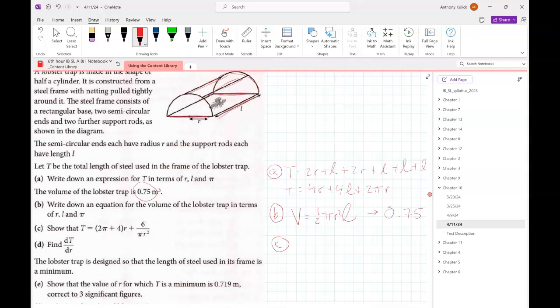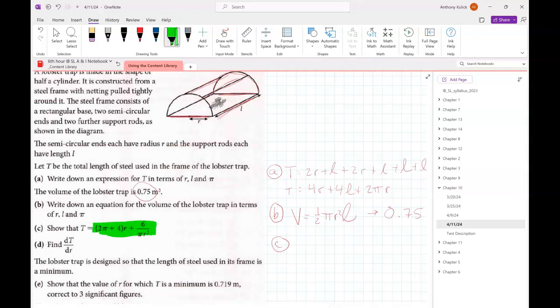All right. Here's a hard question. It says, show that t is equal to 2 pi plus 4 quantity times r plus 6 over pi r squared. So if you look at this equation for t, what do you notice is not in it?